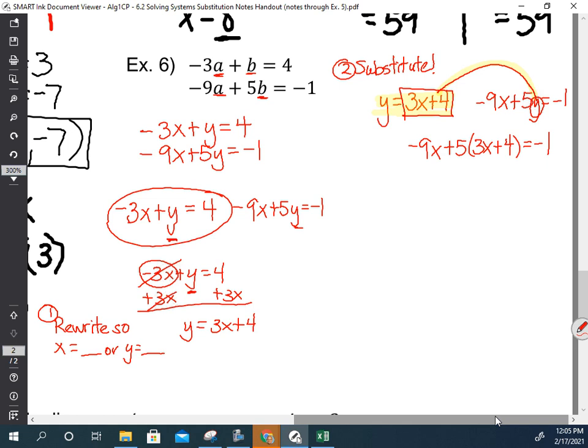Now we can go. So now we can start solving. So step 1, solve for the variable.